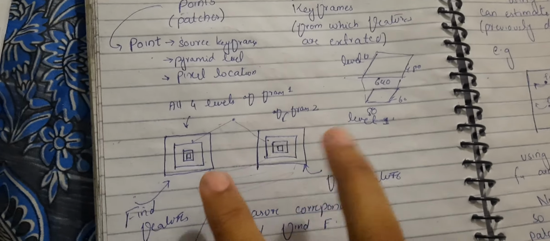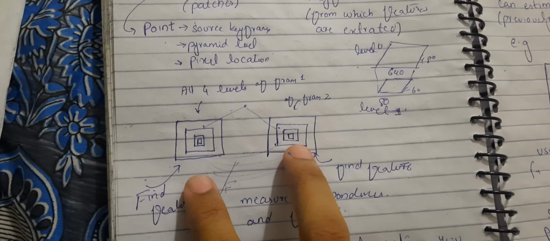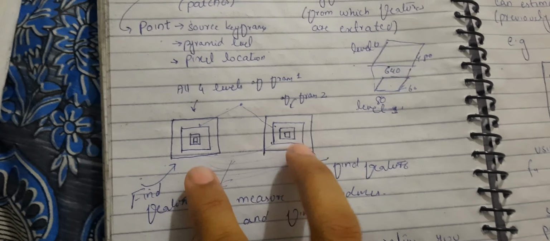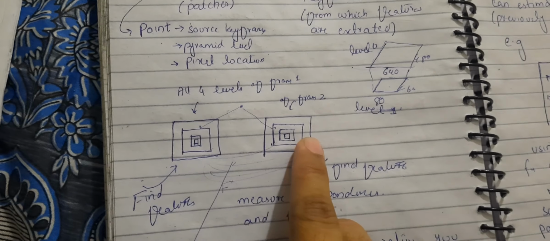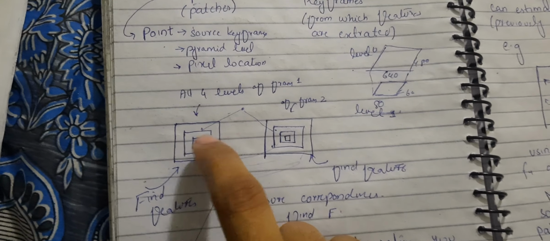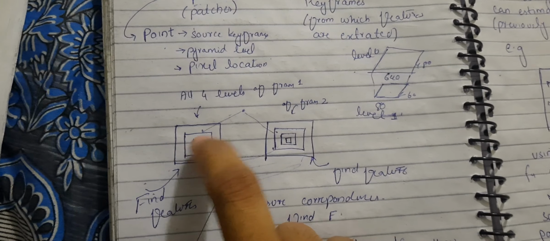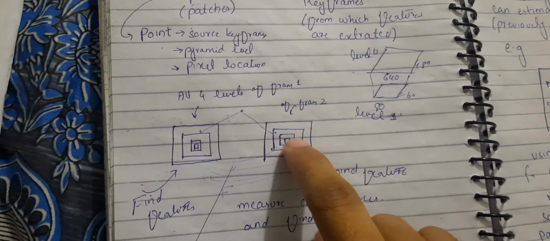Okay, so let's begin. Your robot started moving, and it took two pictures. The first one is this, and the second one is this, and it downsampled them into four levels. I have put all four together. Similarly here.